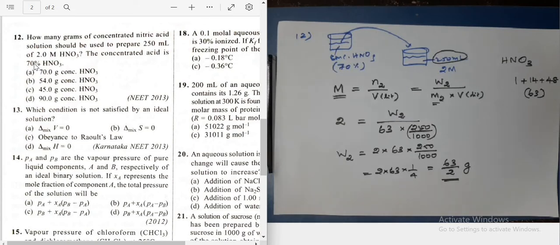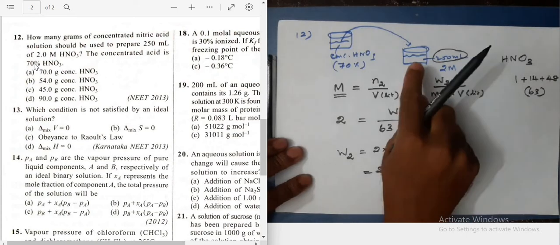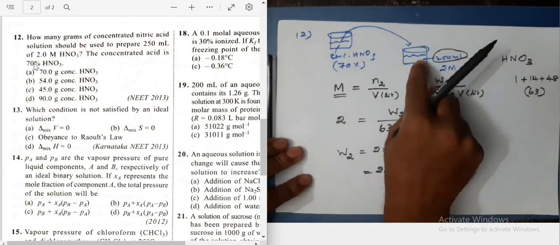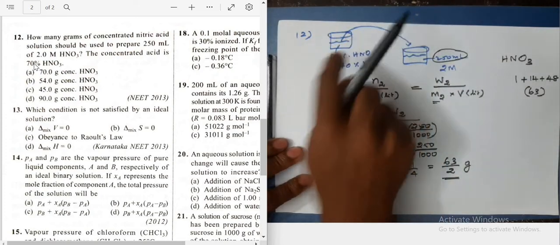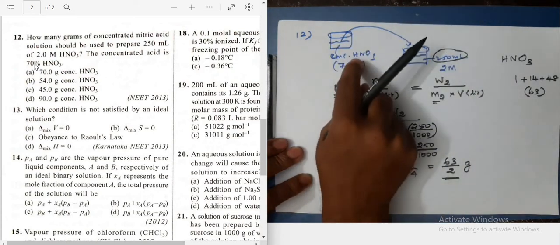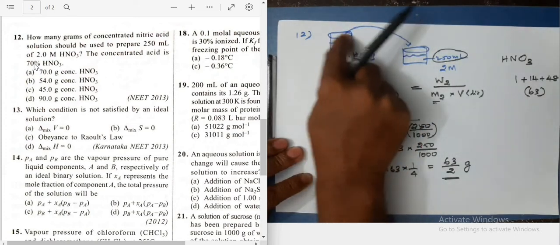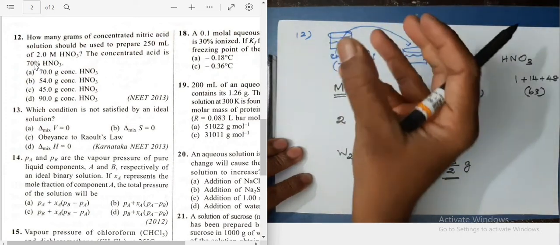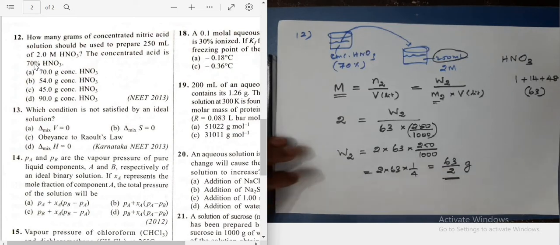So from the 70% nitric acid, what amount of solution should be taken such that it contains 63 by 2 gram of nitric acid?